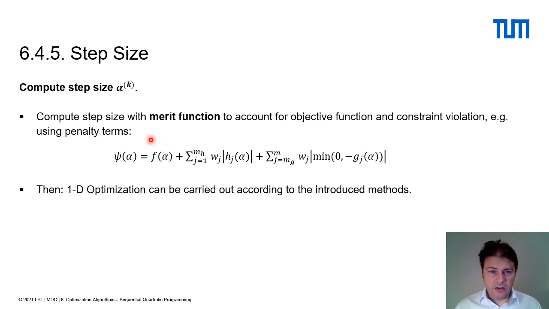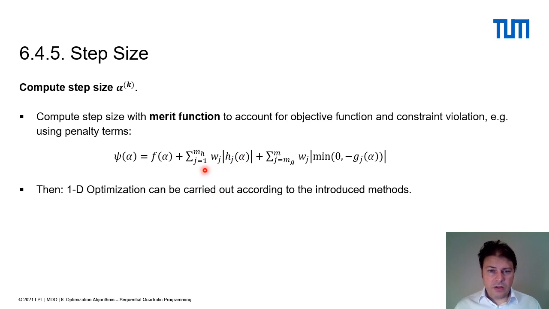And this is done with a so-called merit function that includes the original objective function and also the constraint functions of your original problem, the equality constraint functions and the inequality constraint functions, because there is no need to use the substitute problem right now.